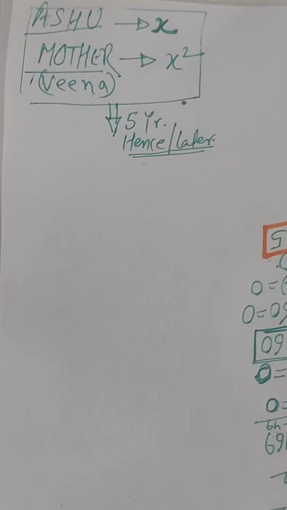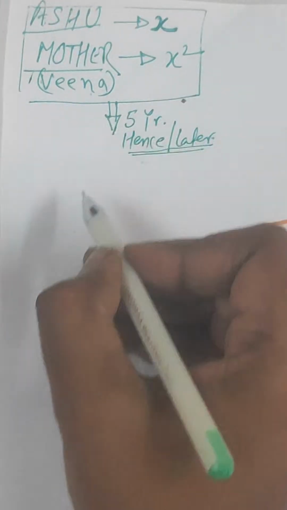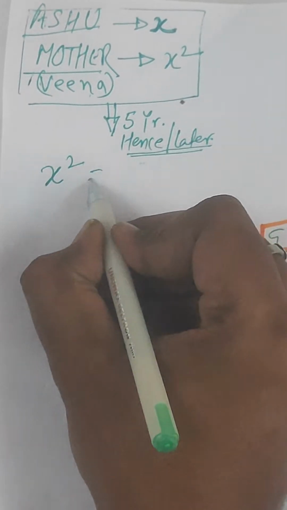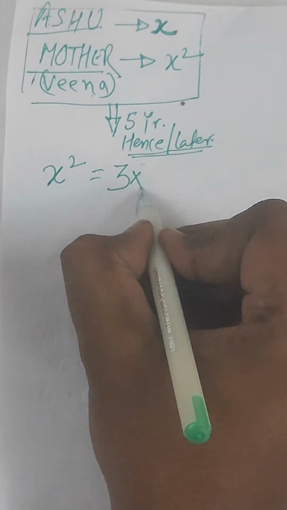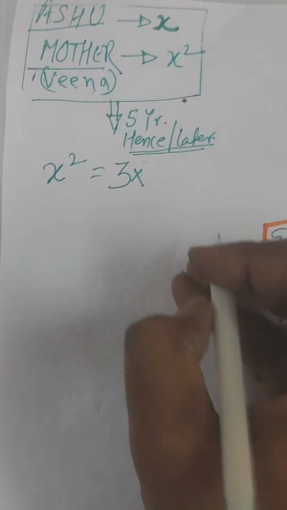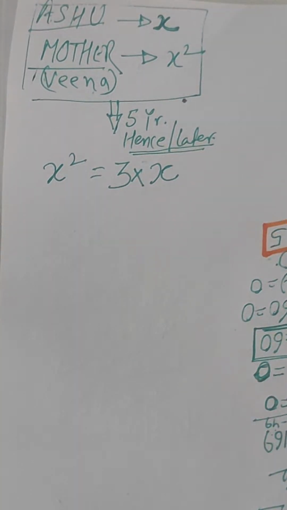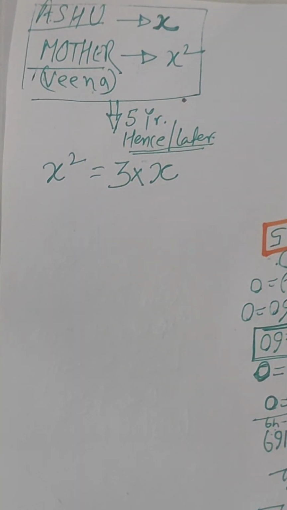Five years later, Mrs. Veena will be 3 times as old as Ashu. That is, x square will be equal to 3x. Now, find their present age.